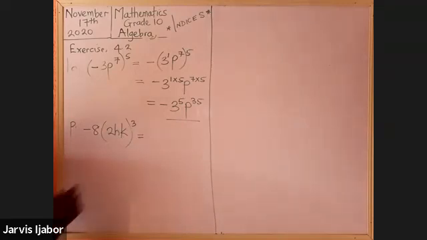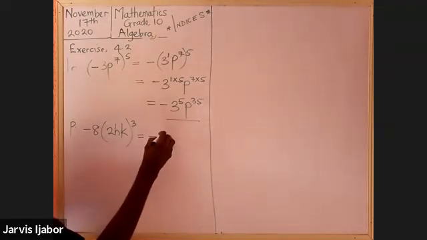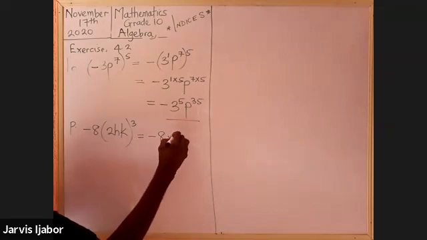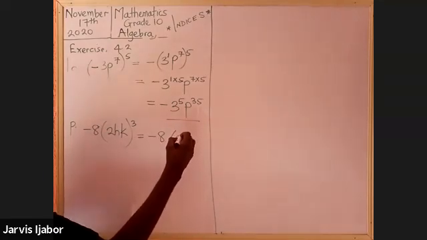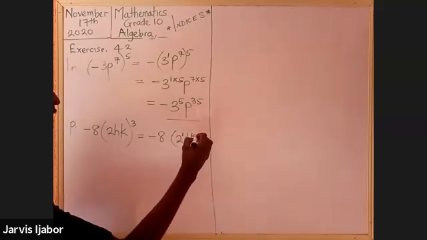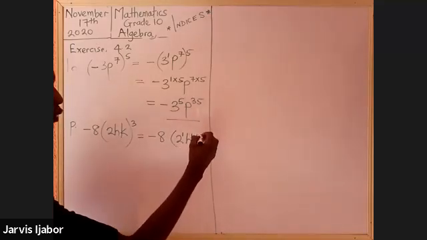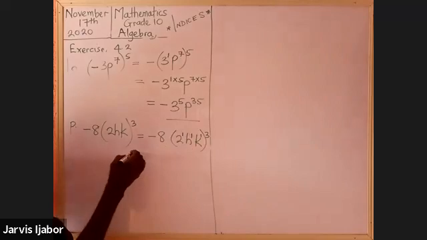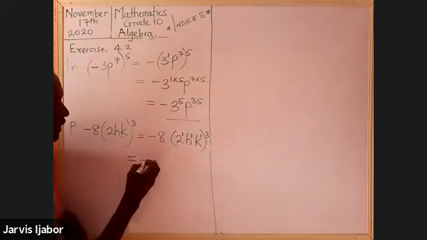Watch carefully now. Negative 8 times, bracket open, 2 raised to the power of 1, h raised to the power of 1, k raised to the power of 1, or raised to the power of 3. So this will be equal to negative 8.